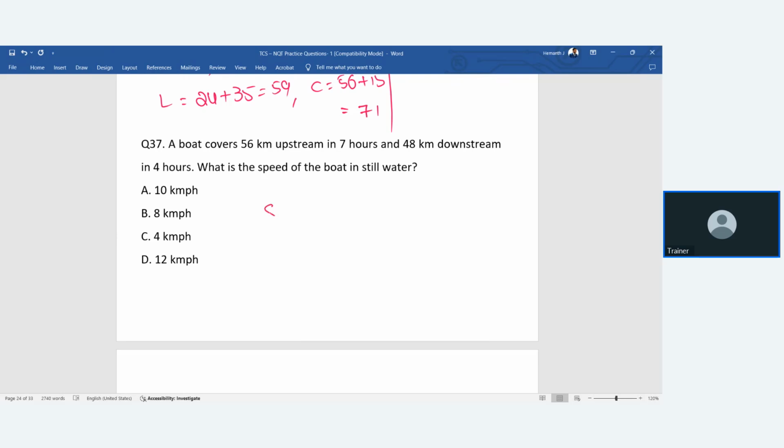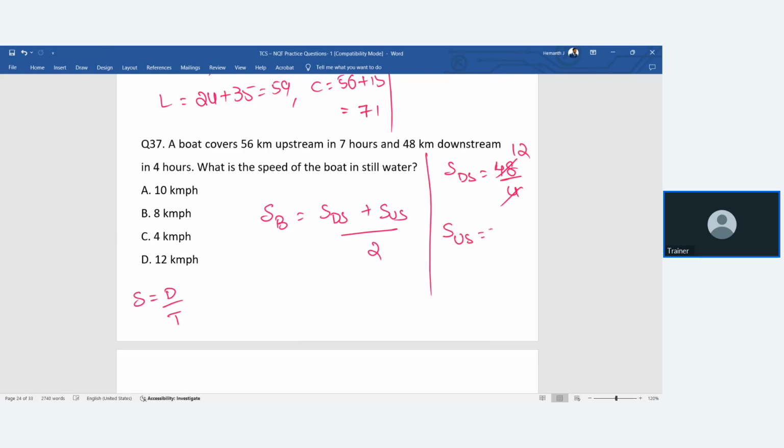Speed of boat is generally downstream plus upstream speed divided by 2. Downstream speed is distance by time. In downstream, distance is 48, time is 4, we got 12 km per hour. Upstream 56 and 7, we got 8 km per hour. So adding these and dividing by 2 is nothing but 10 km per hour. That is the speed of boat.